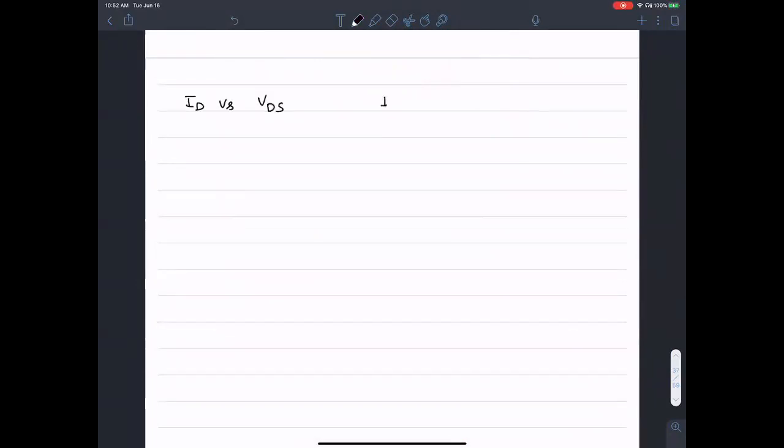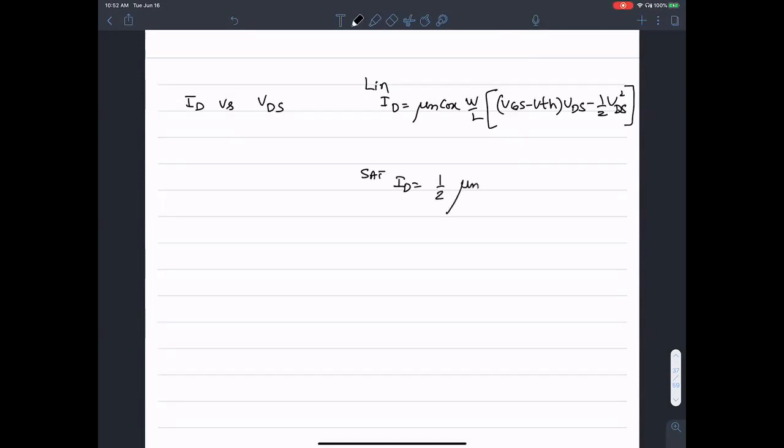We know there are two equations. In the linear region, ID is mu n C oxide W over L, VGS minus VTH into VDS minus 1/2 VDS squared. And in the saturation region, ID is 1/2 mu n C oxide W over L, VGS minus VTH, the whole square.